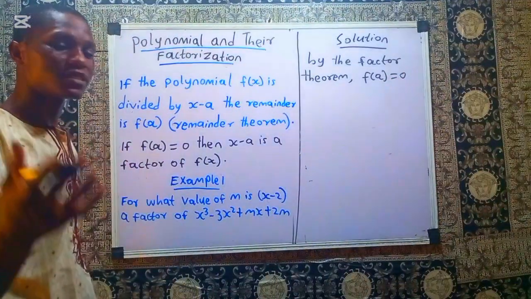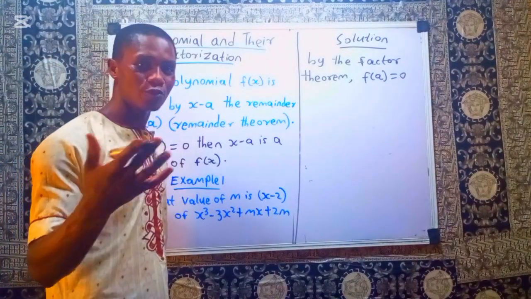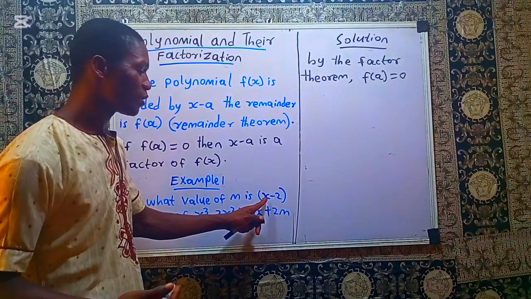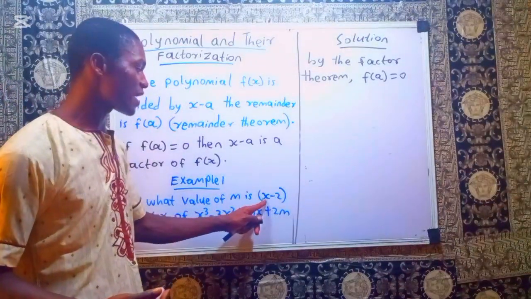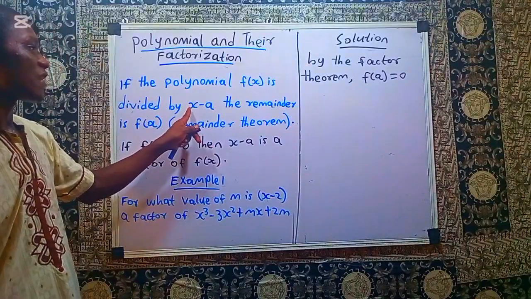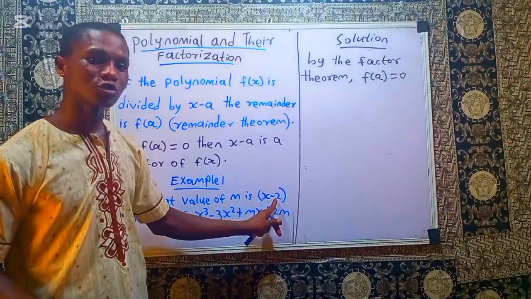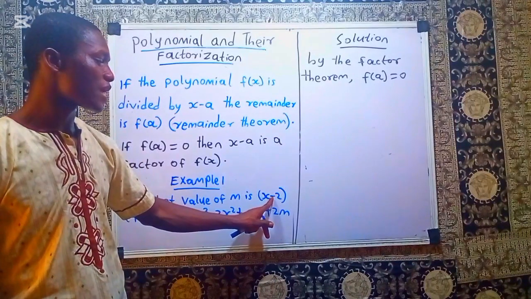So the factor theorem is saying that f of a will be what? 0. So what is our a? Look at the divisor. What is dividing the polynomial is what? x minus 2. Just as we have here x minus a, right? I told you that this quantity here, you are going to change the sign. What we have here is minus 2.